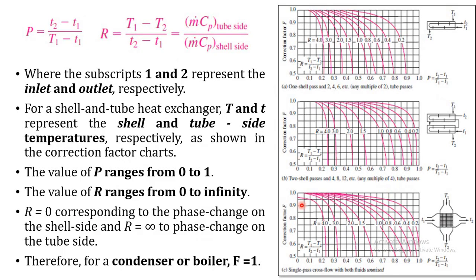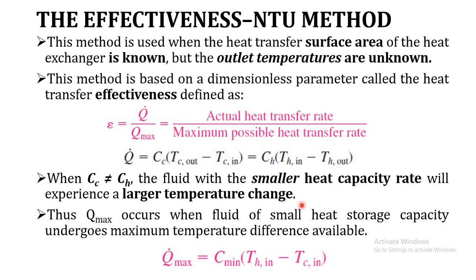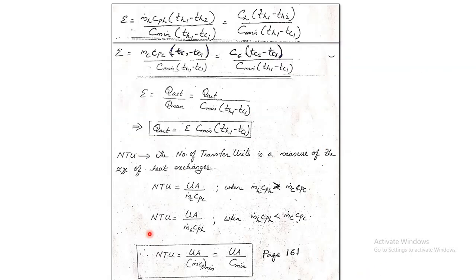So you can get the maximum heat transfer by using this equation: Qmax is equal to C minimum, whichever of these two values is minimum, multiplied with the maximum available temperature difference, that is Th in minus Tc in. So this is the equation for Qmax.